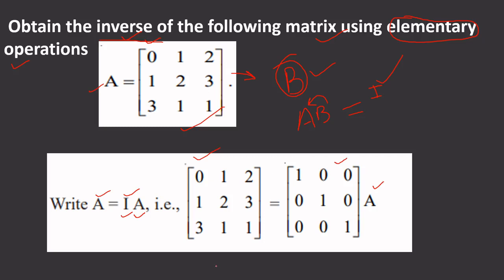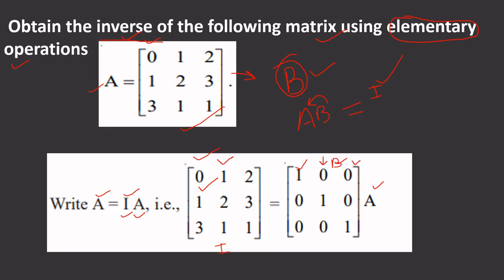What is the aim of this question? We have to make the identity here. Using different types of elementary operations we convert this matrix into the I matrix, and the same operations are applied on the other side, and the resultant of these operations will be our B matrix.